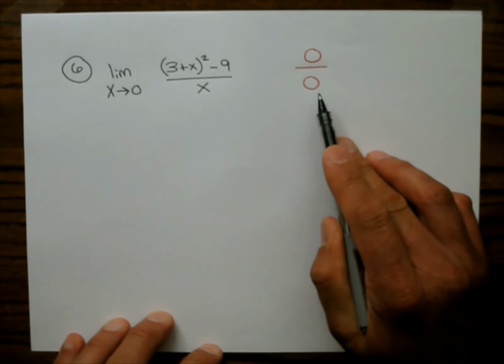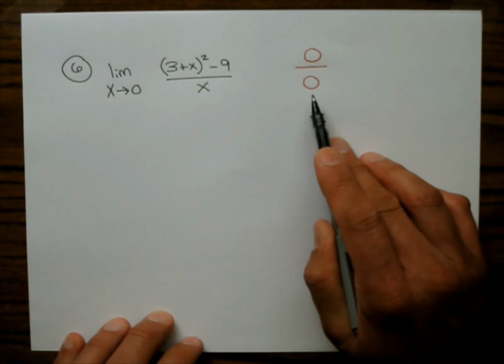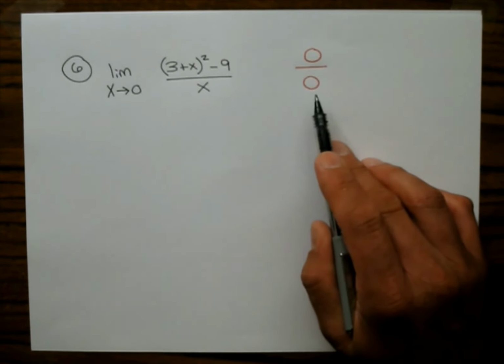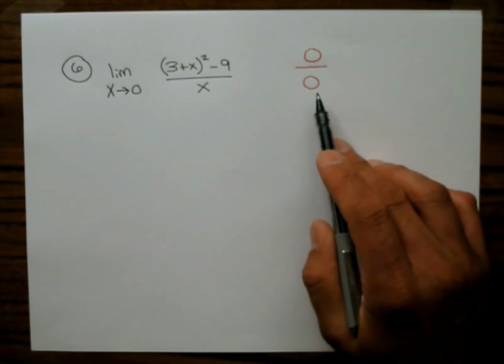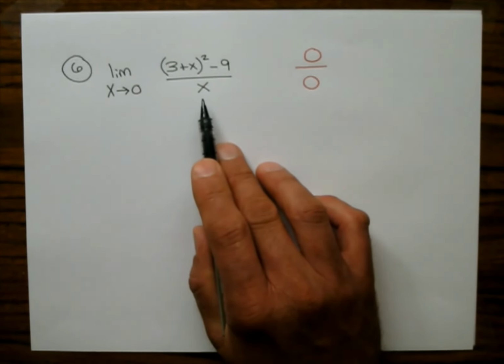Sometimes when 0 is on the bottom, you are in trouble, and the limit doesn't exist, or we have infinity and negative infinity. So we'll have that discussion in a later section. But right now, let's see if we can do some algebra to this expression here, and see if anything will reduce.